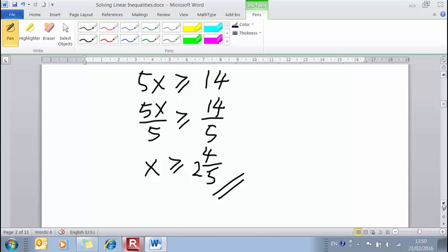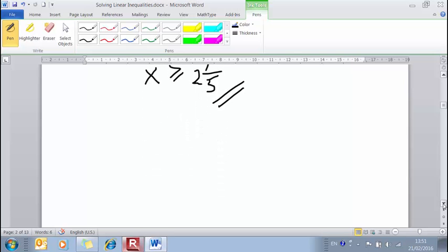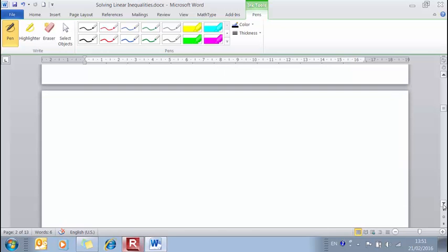Now, I will show you one last example. Example 5. Now, you are given this inequality, negative 8 less than or equals to x plus 5 less than 4.